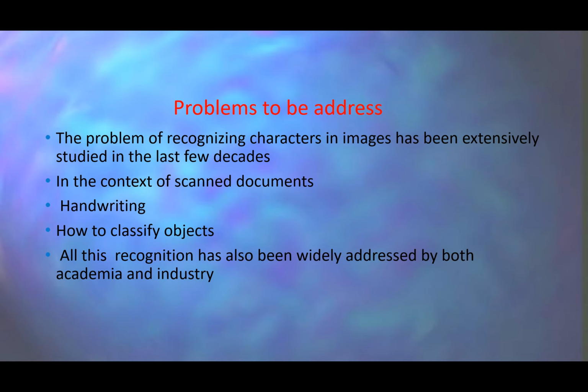Should I go ahead? The problems that we'll be addressing include recognizing characters in images, which have been extensively studied for many years. Furthermore, on scanned documents, we'll be studying them in context. Another issue is handwriting, which is one of the troubling things where HOG has been applied.